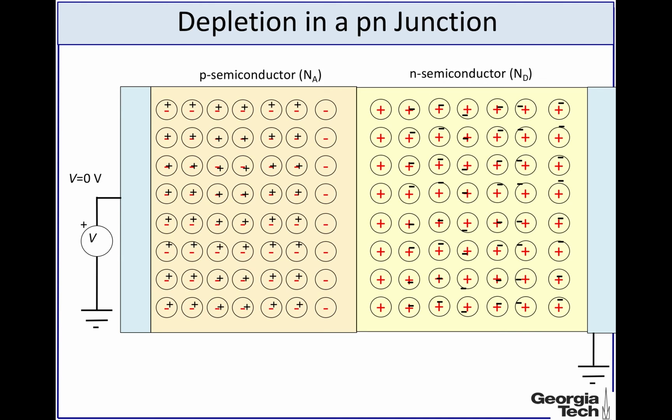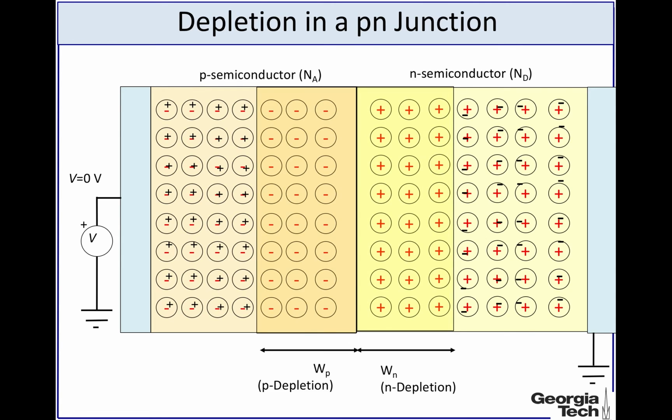Once they cancel each other, you will have a space charge region which is negatively charged on the p side, and a space charge region which is positively charged on the n side. This movement and creation of the depletion region will continue for a certain amount of time.